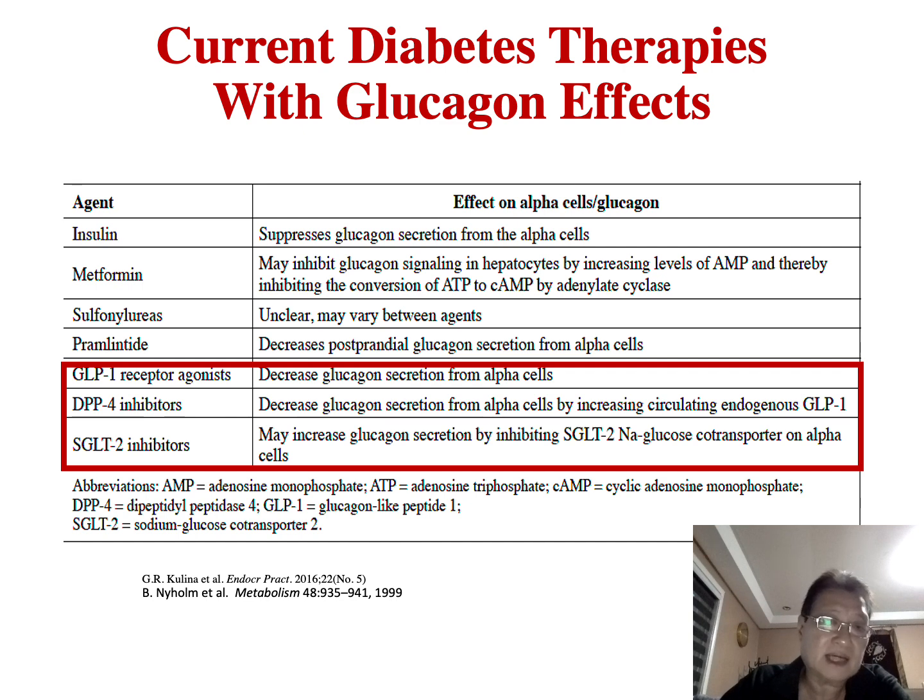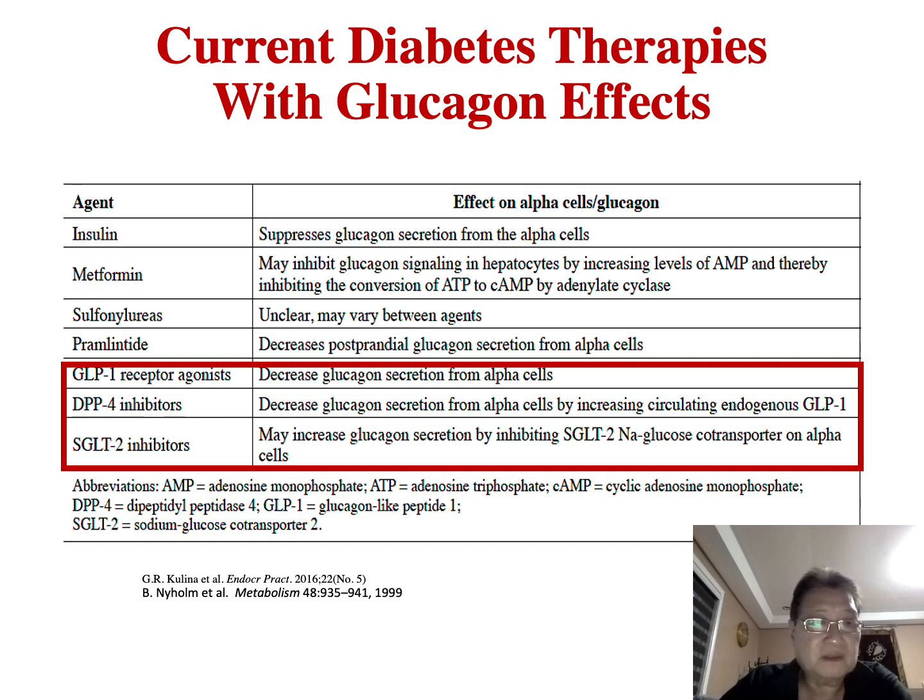Now, cyclic AMP is the second messenger of the glucagon signaling pathway. Okay, so we need to understand what is this GPCR, what is this glucagon signaling pathway in order for us to fully understand the effect of metformin.